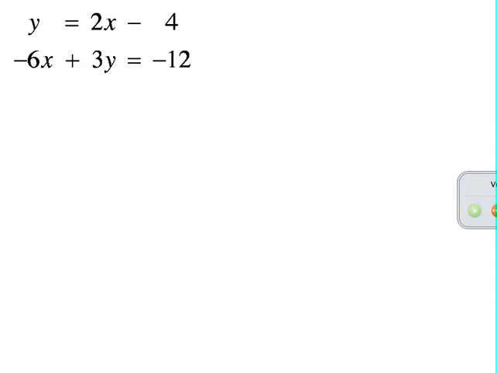Okay, so let's go ahead and look at another one. y equals 2x minus 4, and negative 6x plus 3y equals -12.